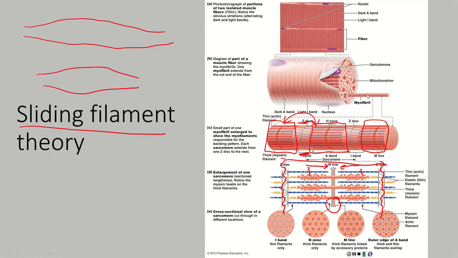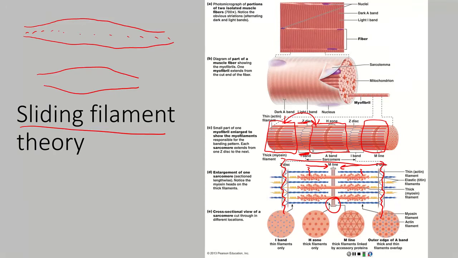If the myofibrils shorten, since they're anchored to the endomysium, it makes the entire cell shorten. And if the cells are the length of a muscle, as they shorten, the muscle is going to shorten. So that's kind of at the big scale how a muscle shortens using the sliding filament theory.